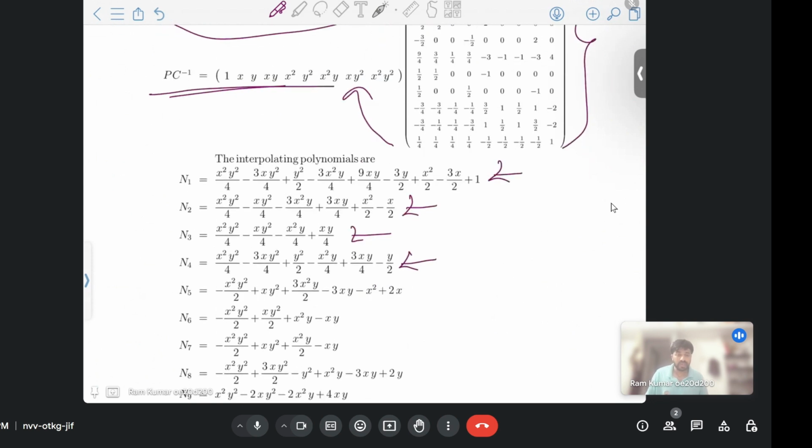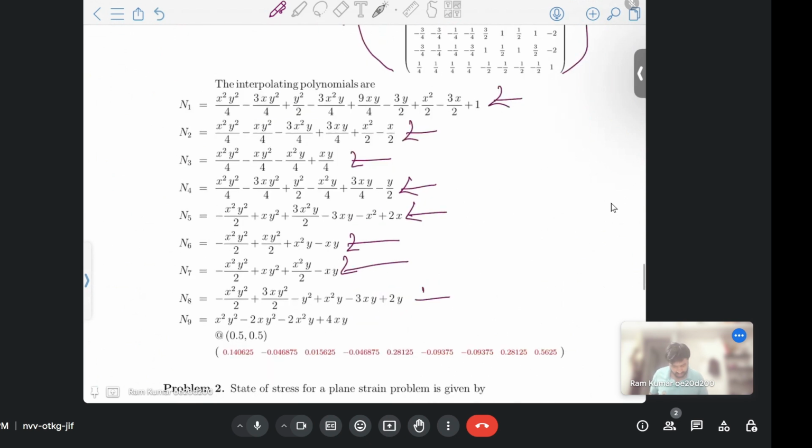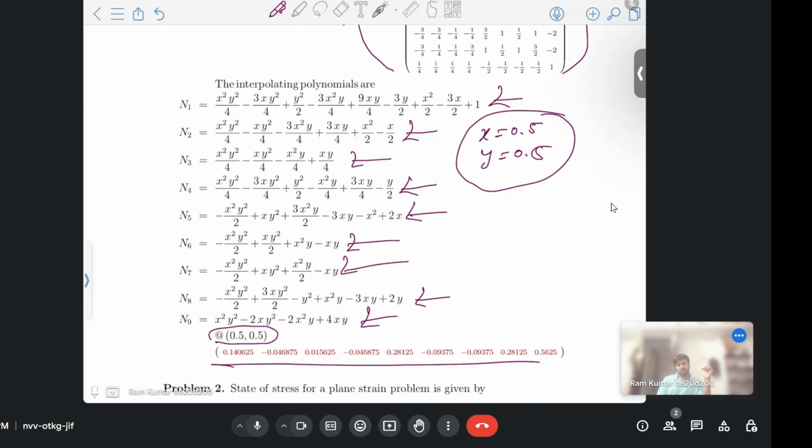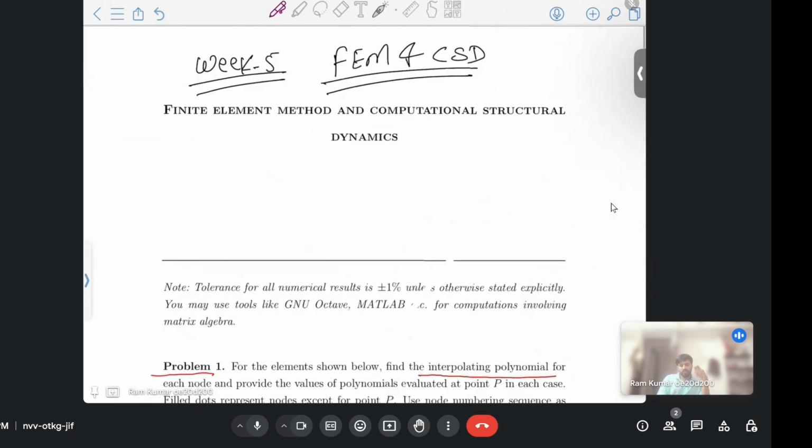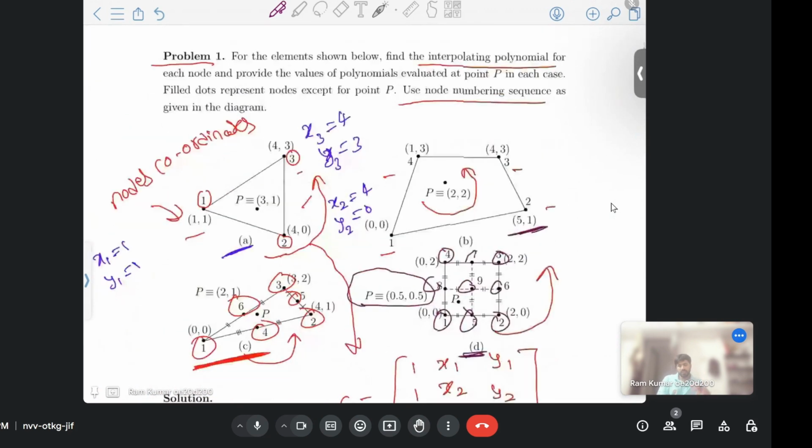We have 9 nodes, so we will get 9 functions: N5, N6, N7, N8, and N9. For all these 9 shape functions, I want to find the values at 0.5, 0.5, so we put x equal to 0.5, y equal to 0.5 in all the equations. Then you will get all these values. Like this, we find the interpolating polynomial for the problem.